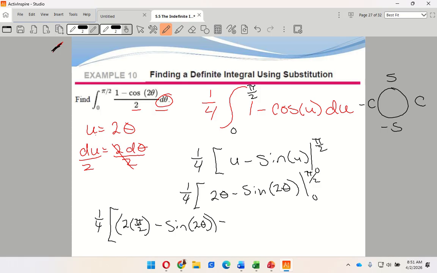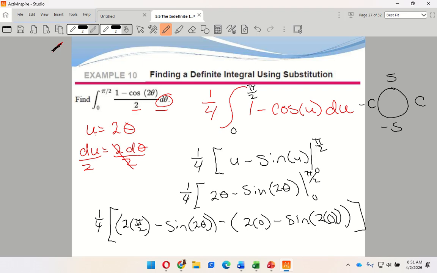And in that section, minus the bottom. Give me 1 second. Yeah, minus the bottom right here. Minus sine 2 times 0. So we can find what both sides equal to.